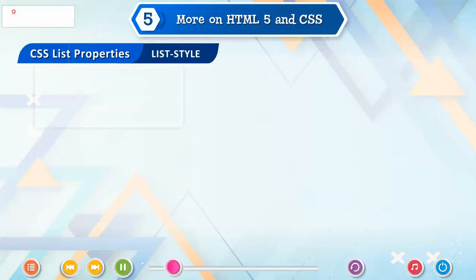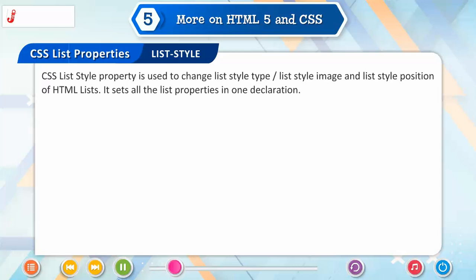List style. The CSS list-style property is used to change list style type, list style image and list style position of HTML lists. It sets all the list properties in one declaration.